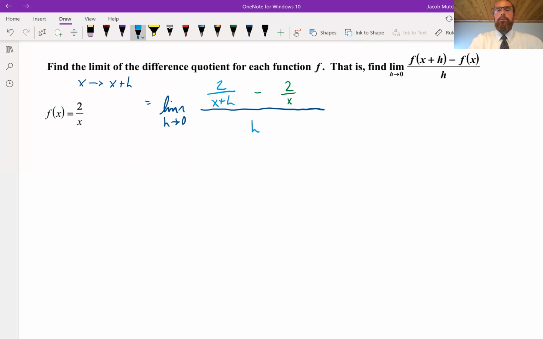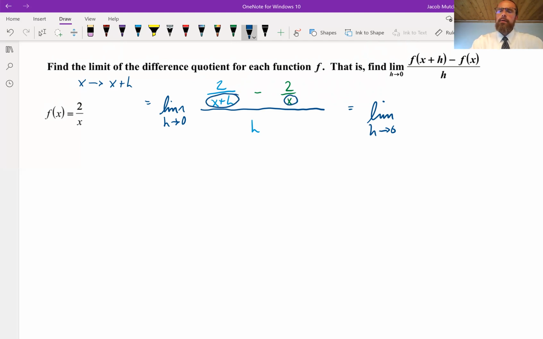So it's a little simpler, at least from the preliminary view of it. We do have fractions in fractions, so we've got to simplify our complex fraction to begin here. So let's set out to do that. So this equals the limit as h approaches 0. So I need those denominators the same. I've got them as x plus h and x.